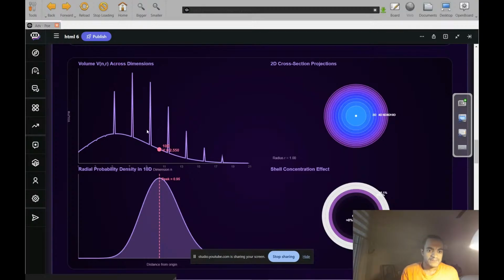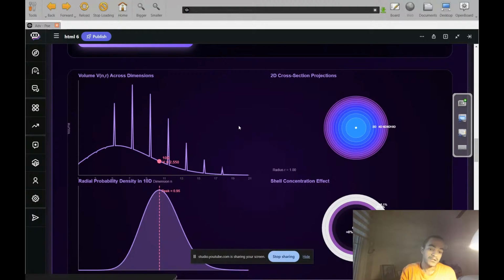It's almost like a shifted bell curve with really upward spikes. It spikes upwards, comes down as a regular bell curve, spikes up, comes down, and spikes again. And there's a decrease in the height of the spikes in volume, as you can see, which is consistent with what I said earlier.